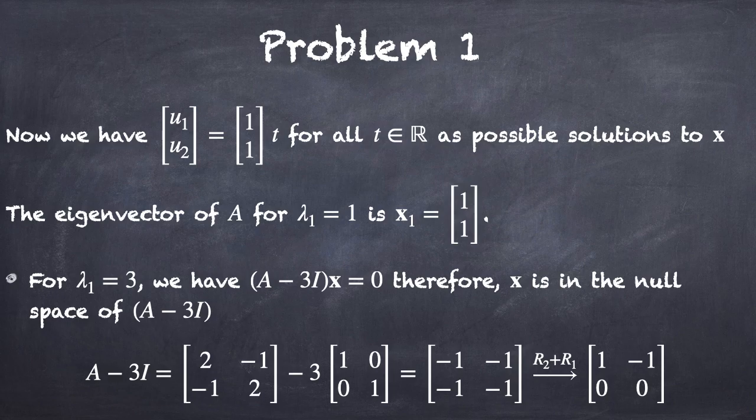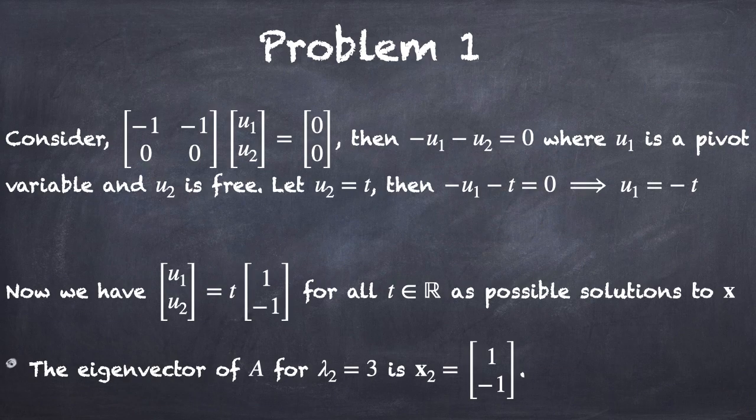So now we follow the same procedure in order to get it into a reduced echelon form. We do R2 plus R1, and then again we do the matrix multiplication. We get negative u1 plus negative u2 equals 0. u1 is a pivot variable and u2 is free, so let u2 equal t. Then negative u1 minus t equals 0, so u1 equals negative t.